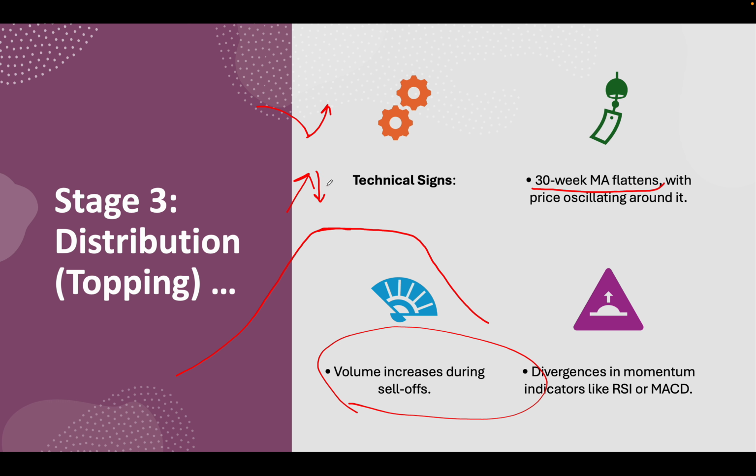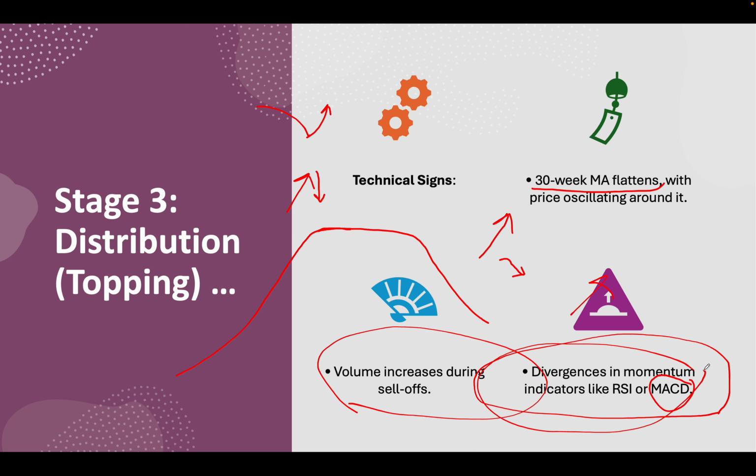So positive volume is down, negative volume is up. And there is a divergence in the momentum indicators. If the price is going up but the RSI is showing a downward trend, or the MACD is showing a downward trend but the prices are going upward, these kinds of divergences occur in the topping phase.